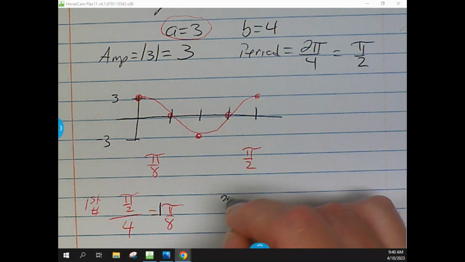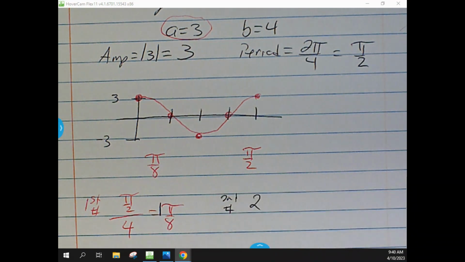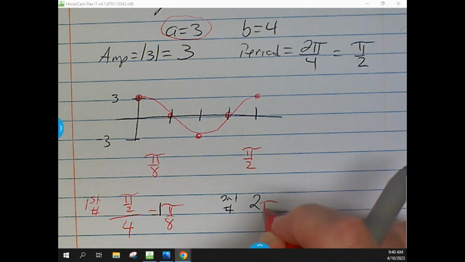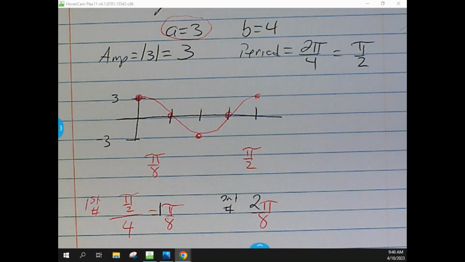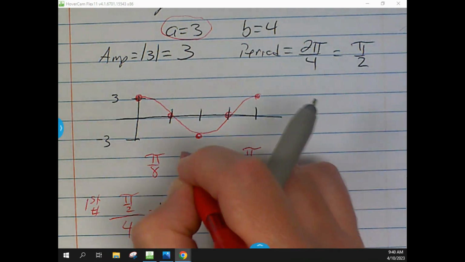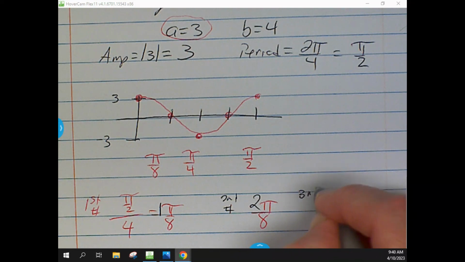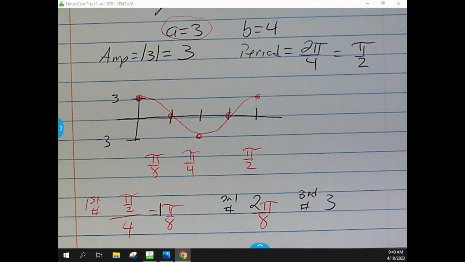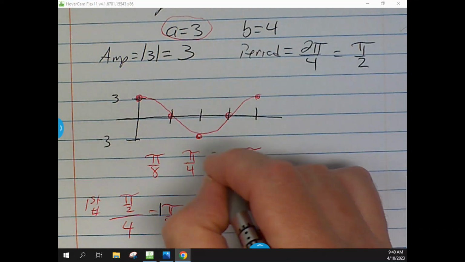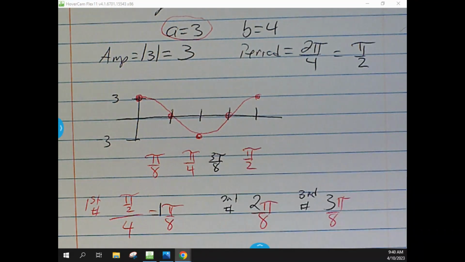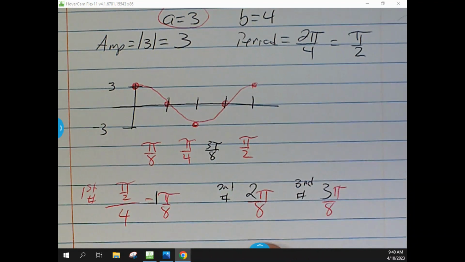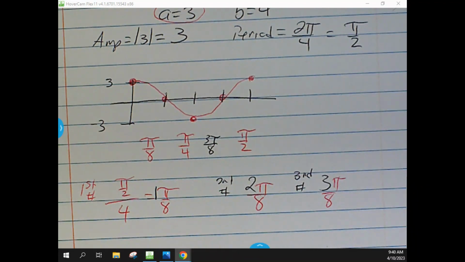Second number is 2 pi over 8, but we can simplify that down and make that, what, pi over 4? Third number would be 3 pi over 8. So we put those there. So again, it should always go 1, 2, 3, 4, but it's just a matter of simplifying these numbers because you're going to have some that are going to simplify just a little bit.